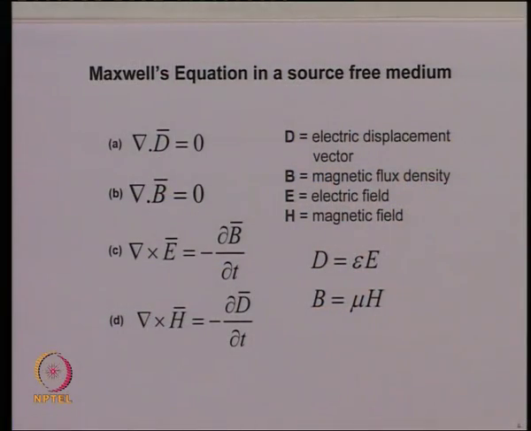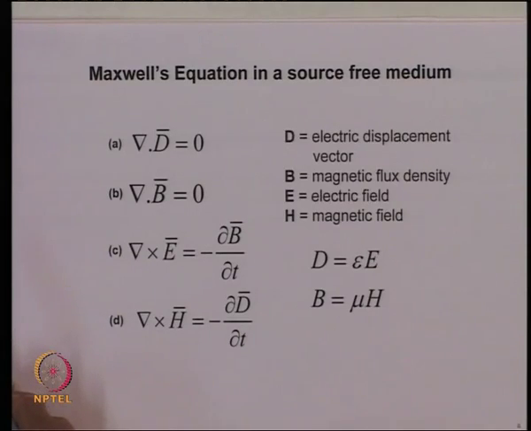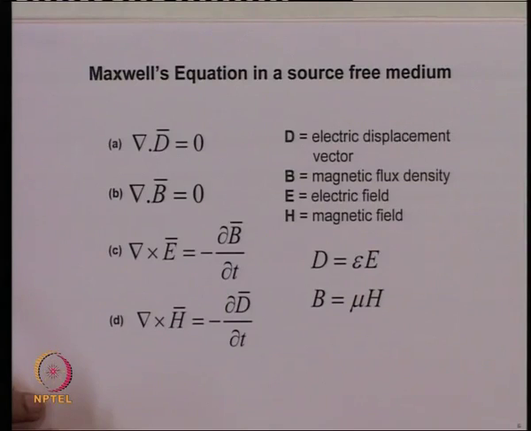So, if we write down the Maxwell's equations for the source free condition, then we get the 4 Maxwell's equations as del dot D equal to 0, where D is the electric displacement vector, and del dot B equal to 0, where B is the magnetic flux density.